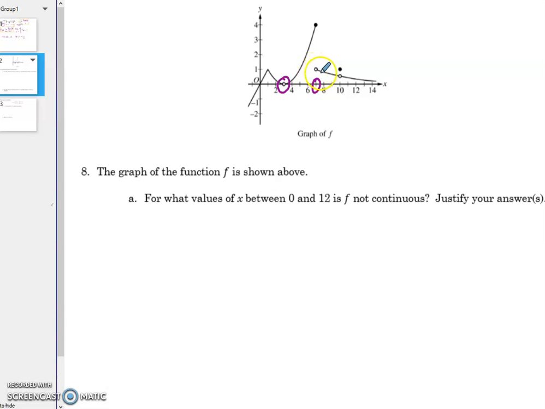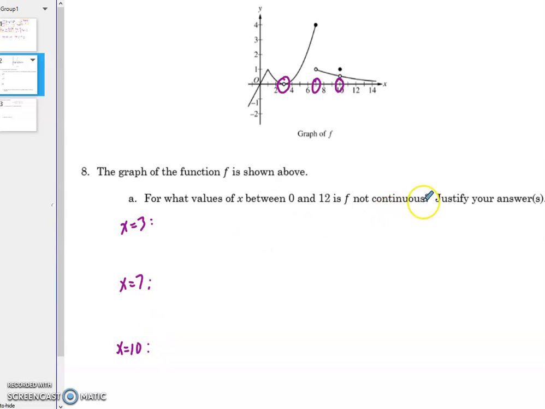And then if I keep going here, there's another place where there's a hole, even though there's a dot, I got to jump my pencil again. So there's those 3 places. So x equals 3, x equals 7. So this gets you some significant fraction of the points, like half of the points or something, just for writing down these 3 numbers.